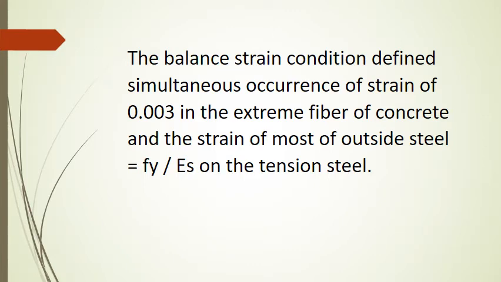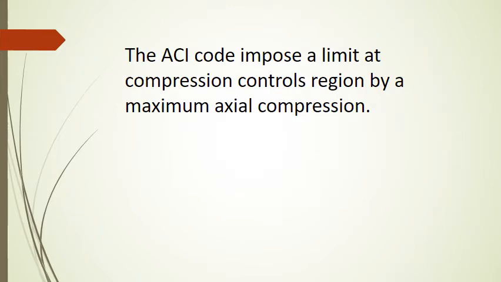The balanced strain condition is defined as the simultaneous occurrence of a strain of 0.003 in the extreme fiber of concrete and a strain of the outermost steel equal to Fy divided by Es on the tension steel. The ACI code imposes a limit in the compression controls region by a maximum axial compression.